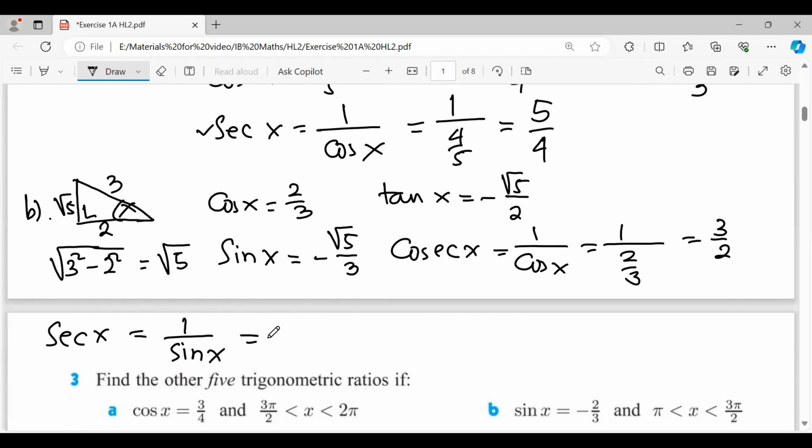So it becomes 1 over minus root 5/3. It is minus 3 over root 5. Cotangent. Cotangent x is the inverse of tangent.